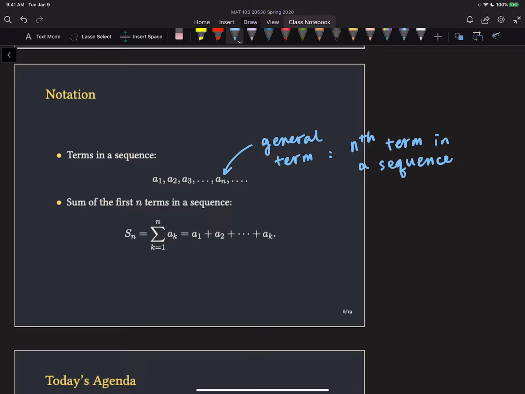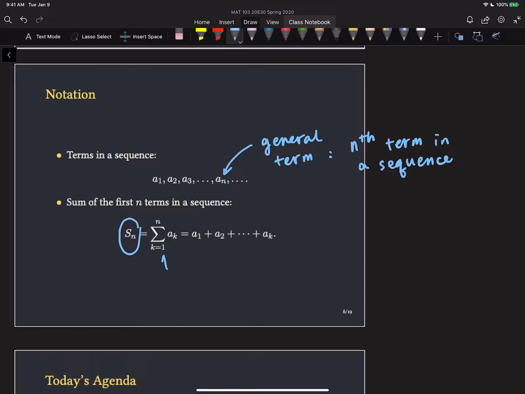The sum of the first n terms in a sequence, so you simply add the first n terms. This is the notation, right? a1 plus a2 plus a3 all the way up to an. And the notation is basically the Sn right here, S sub n. That is the notation.